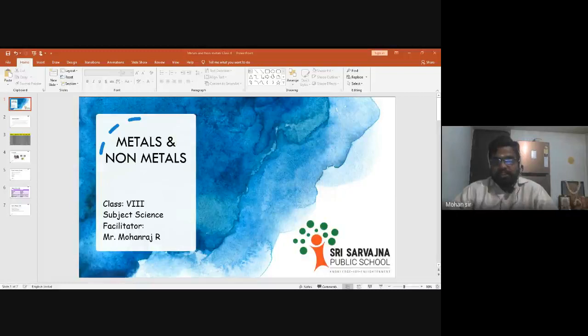And state syllabus students, I understand that you have a few confusions about the textbook. The textbook was changed this year, very recently. Just two or three days back, we got an intimation that the textbook has been changed and the NCERT book is implemented for state board as well. But I have good news for you.